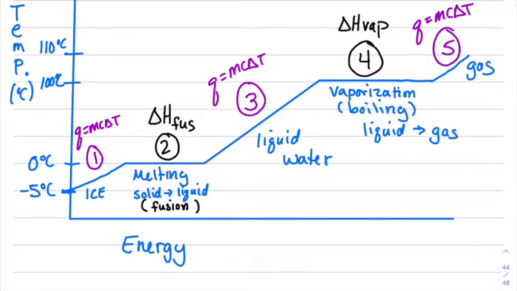All right, so I know that was a big setup to the problem, but any questions on anything so far? Good question. Is it possible to skip the phase change steps? I guess the answer to that is not if you want the correct answer. What you're going to see is that for the Q equals MC delta T for 1, 3, and 5, we're going to have different C values.